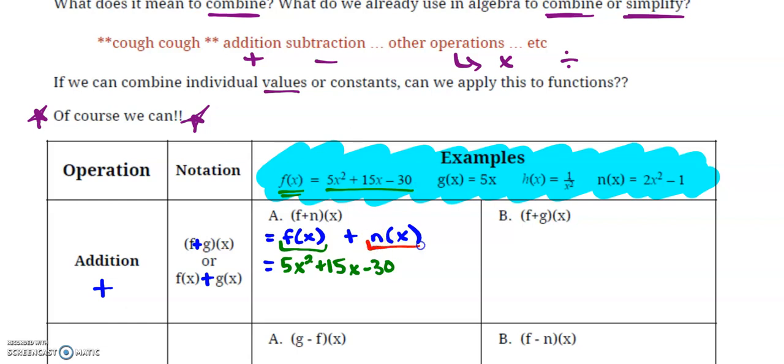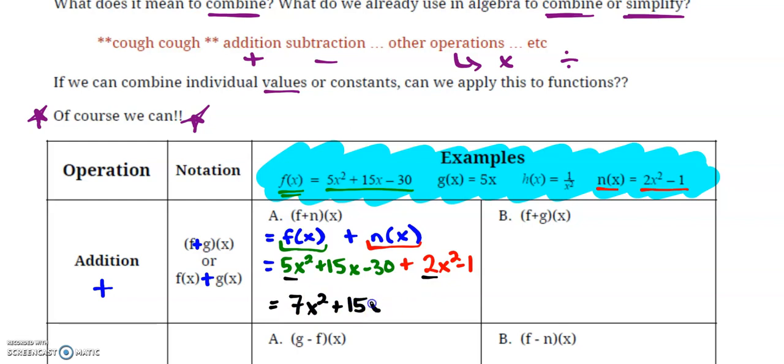I've substituted this entire algebraic expression in for the name f of x. And then n of x is really 2x squared minus 1, so I'm going to add 2x squared minus 1. Then I'm going to combine any terms that are the same. In this case, the like terms are 5x squared and 2x squared, so it's 7x squared.